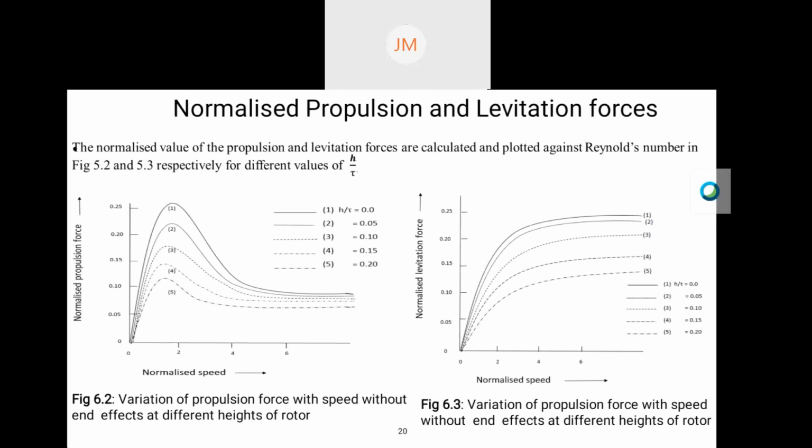Rho is the density of the fluid, V is velocity, D is the diameter of the pipe, and mu is the dynamic viscosity of the fluid. So how is it related to a linear induction motor? My question is how it is related here.